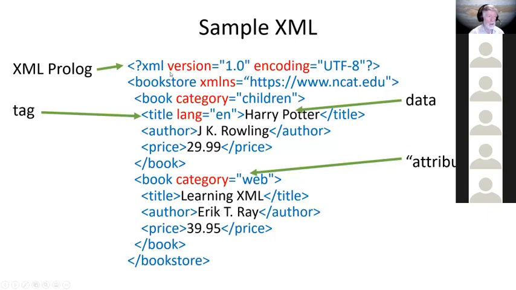So even at the very beginning where it says XML version equals, version is an attribute, quote 1.0, quote, that is inside quotes. There's also the namespace. Here XML-NS defines a namespace, and that defines resources for the tag.